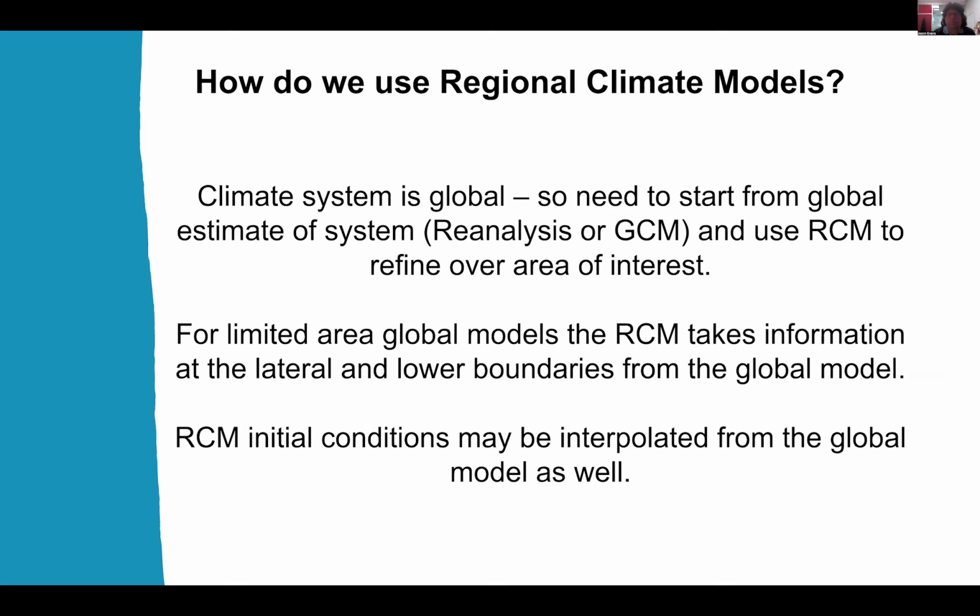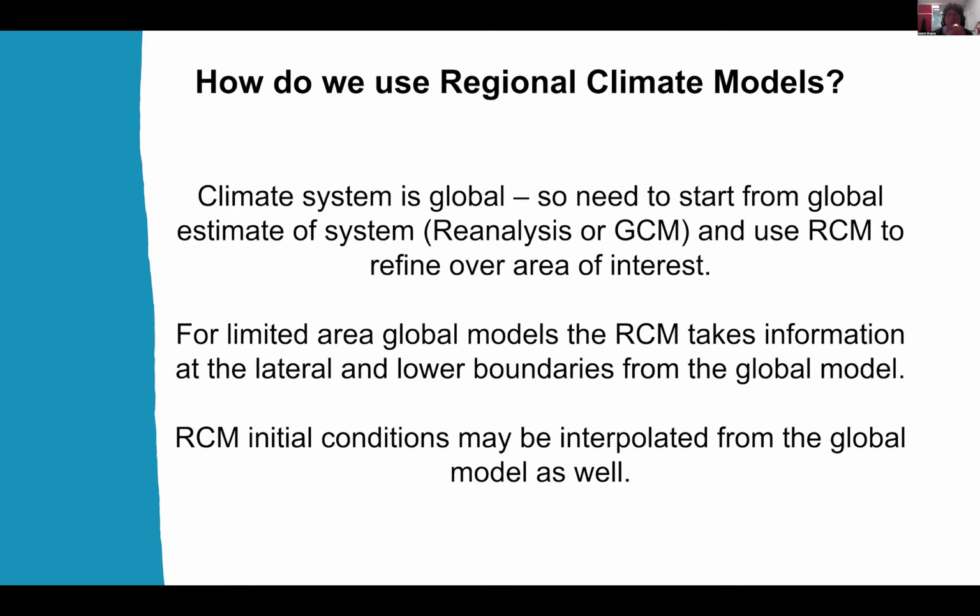So how do we use regional climate models? It's important to recognize that the climate system by its very nature is a global system. So you can't just take a piece of the climate system and ignore the rest of the globe. We need to have some information about what's happening in the rest of the globe.